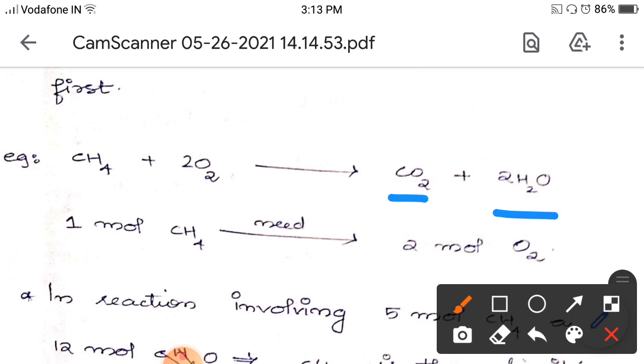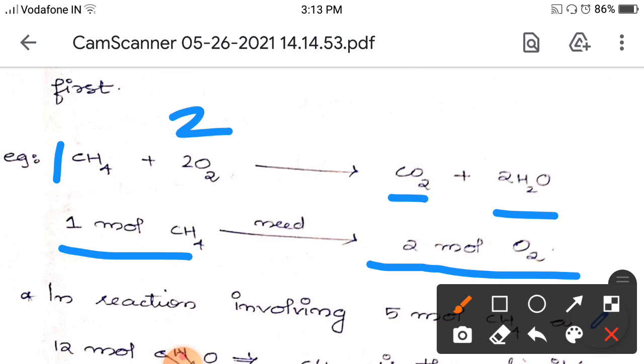Here you can say that 1 mole of CH4 and 2 moles of O2 react together to form 1 mole of CO2 and 2 moles of H2O. These all we have discussed earlier.